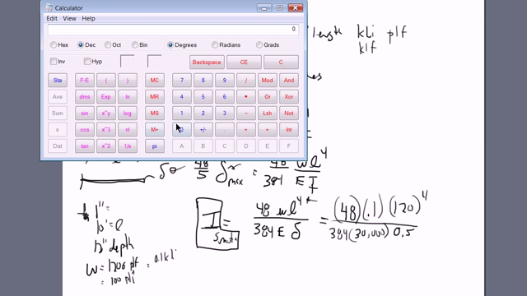A calculator that says 48 times 0.1 is 4.8 times 120 times 120 times 120 times 120 equals, we get the top there, big number, however, divided by 384, divided by 30,000 and then divided by 0.5. Dividing by a half doubles the number, and so we have a required section modulus of 1728.